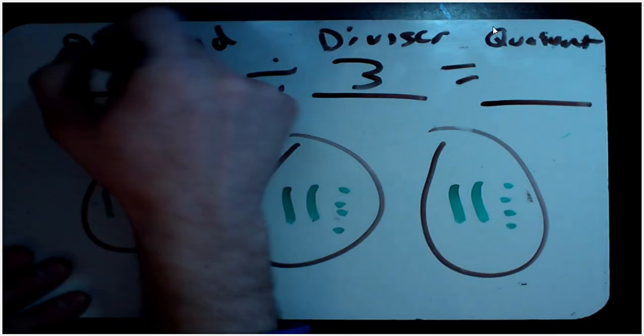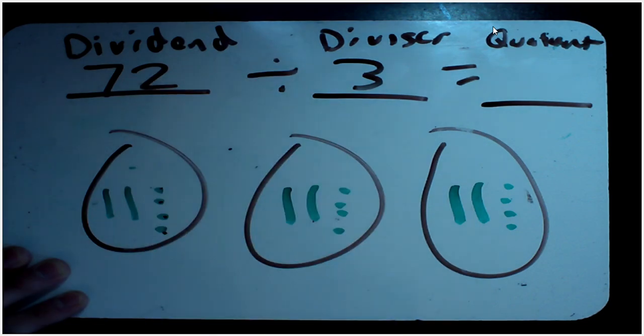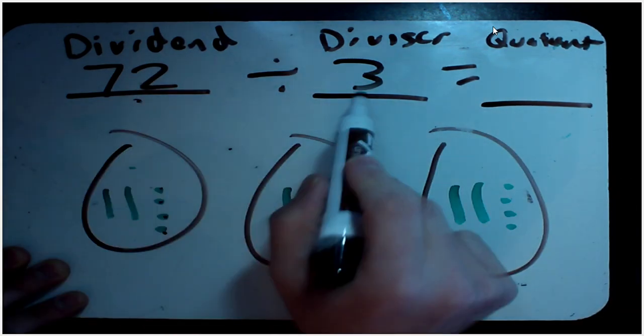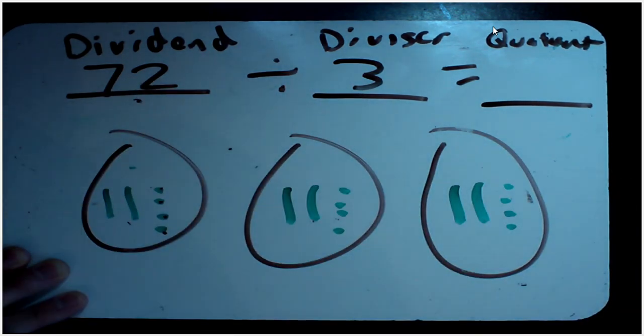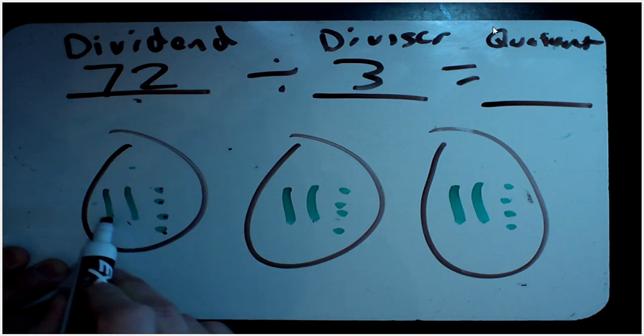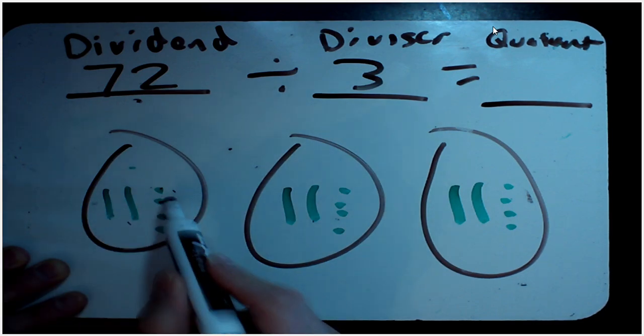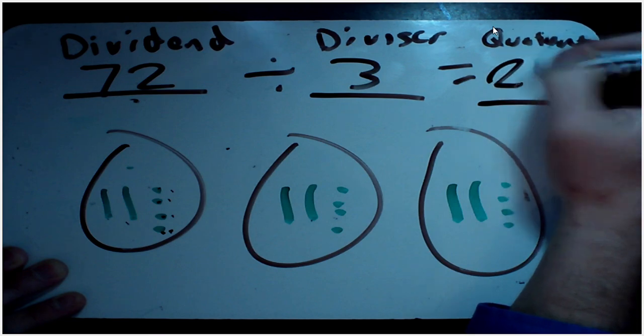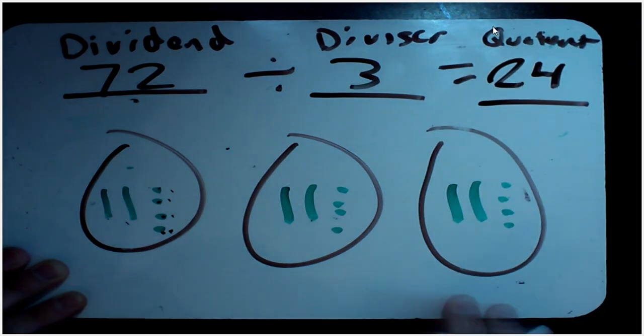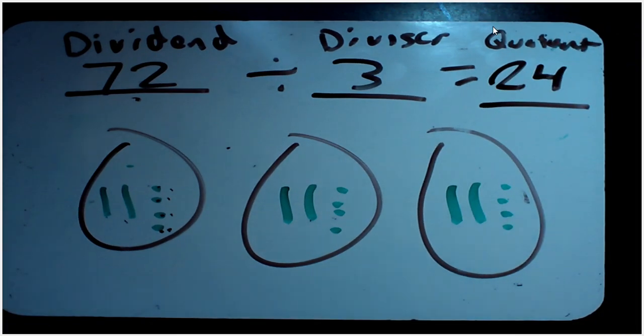We had 72. And then if we take 72 and split them into three equal groups, how many are in each group? That's the quotient. 10, 20, 21, 22, 23, 24. The situation that was shown here was 72 divided by 3 equals 24.